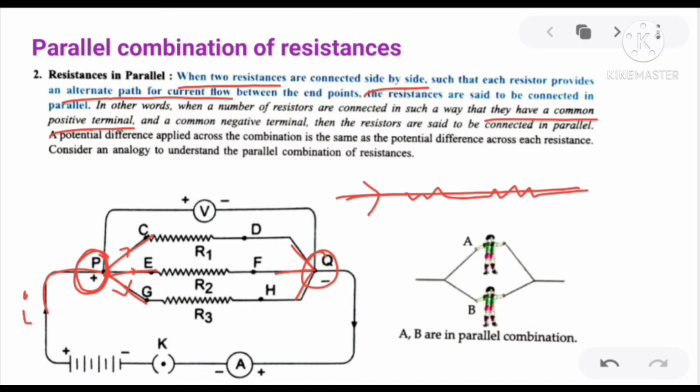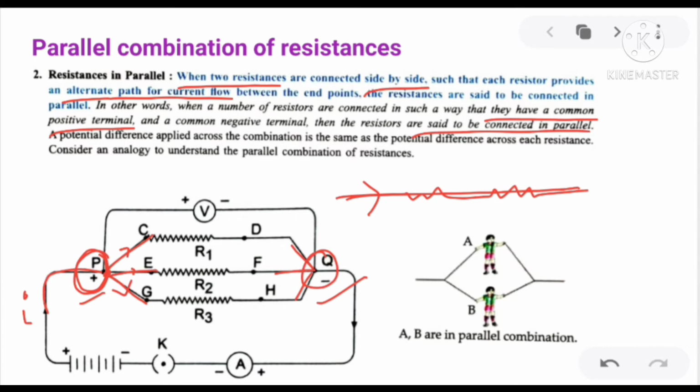This is an alternate way to define the parallel combination: a common positive terminal at one end and a common negative terminal at the other end.